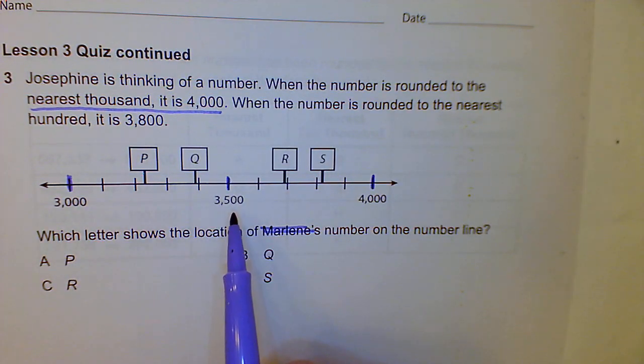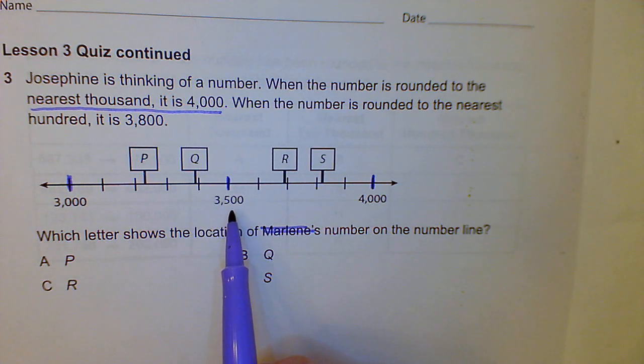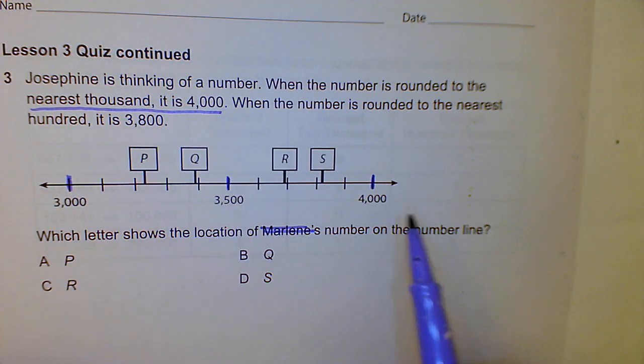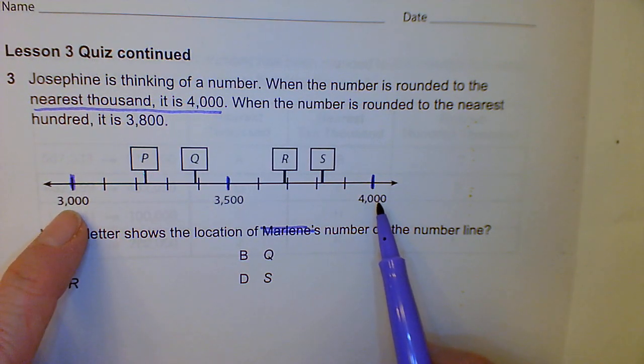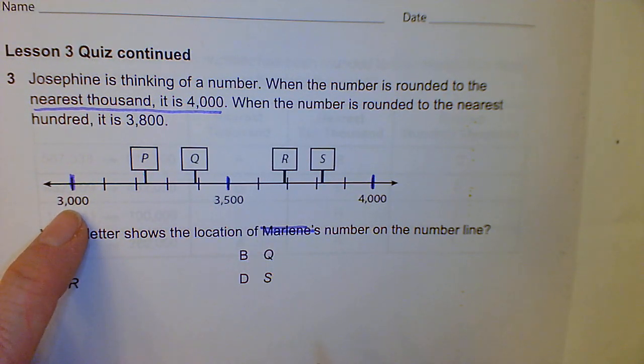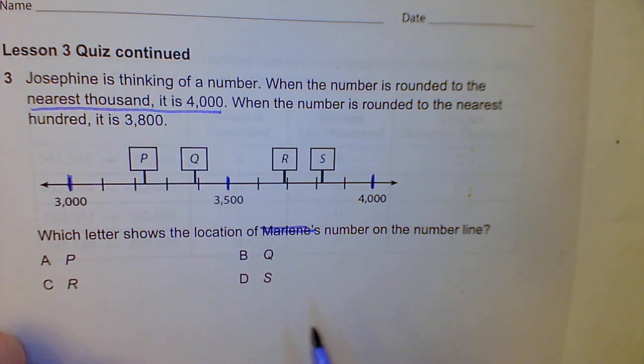Because remember, the halfway is going to be a 5 in that place value next door. Why is that? Because from 3,000 to 4,000 is 1,000, and half of 1,000 is 500. Well, remember, we just look to the next place value, and we can say, 5 would bring us halfway there.